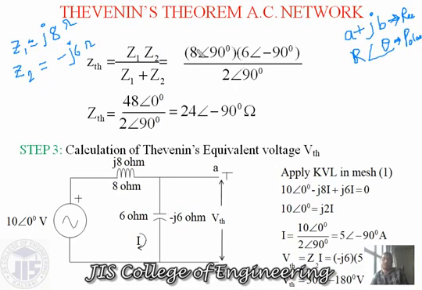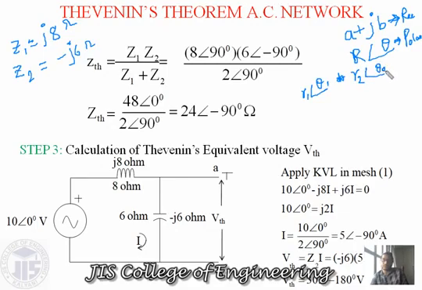Now all these values are in polar form, and multiplication and division are much easier in polar coordinates. Suppose we have r1 angle theta 1 multiplied with another polar value r2 angle theta 2.